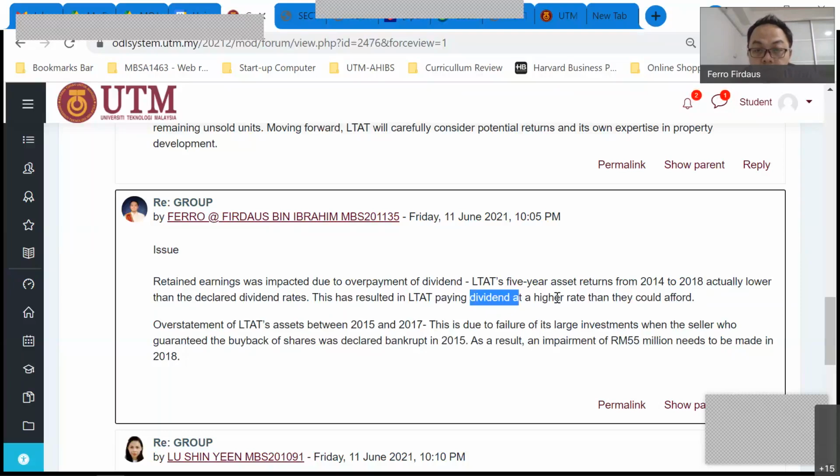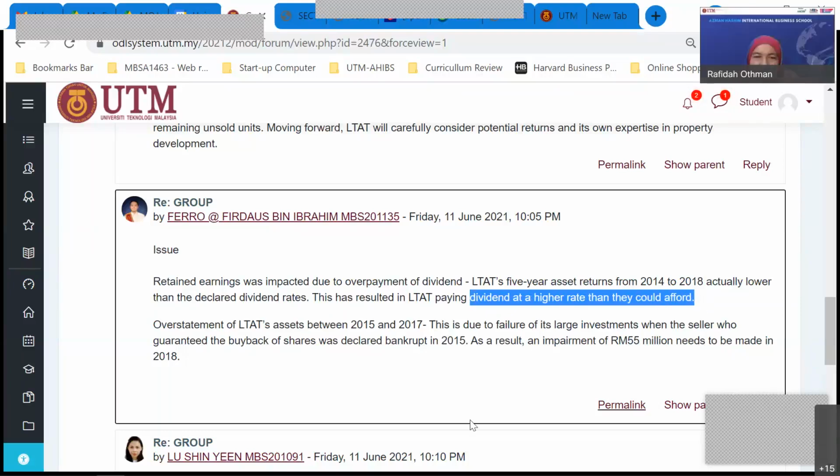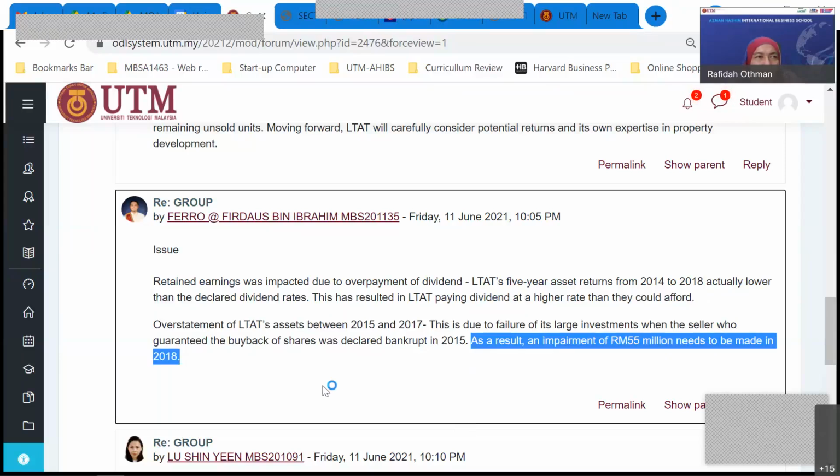This is with regards to the dividend policy and the realized return of the project, which is actually not payable yet. If you read through, there is an issue that is also related to Boustead.